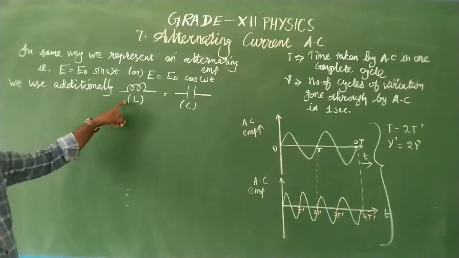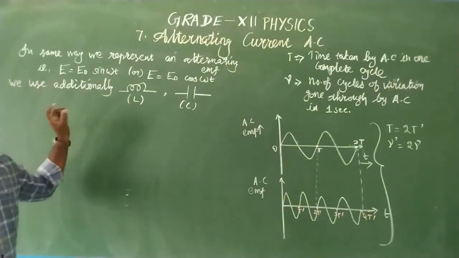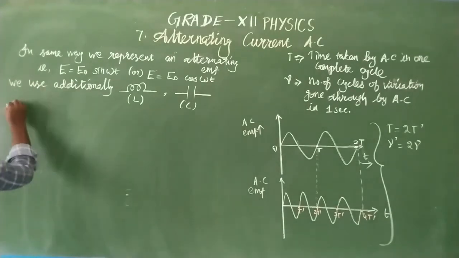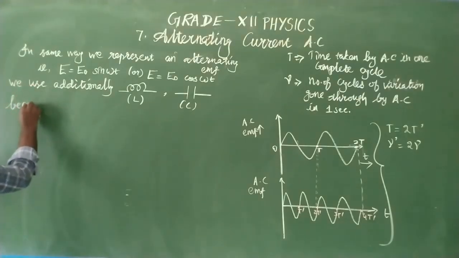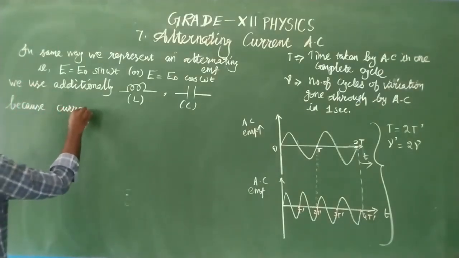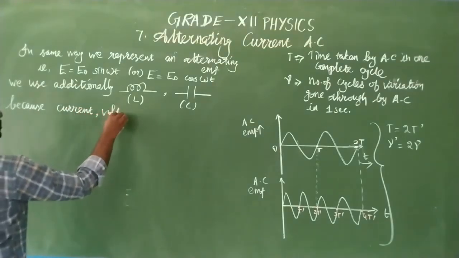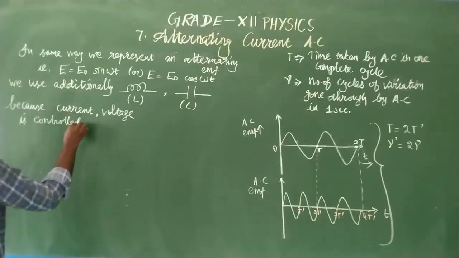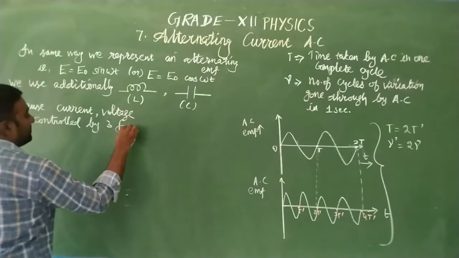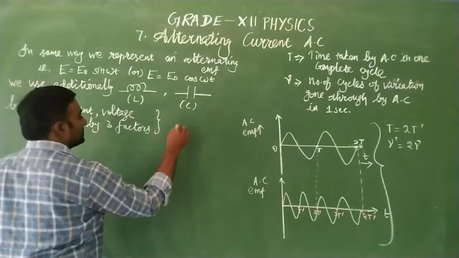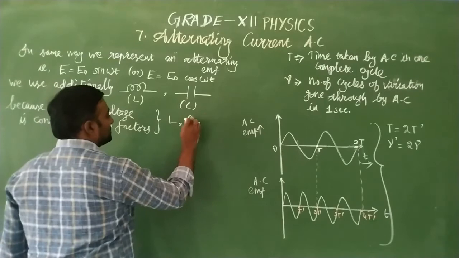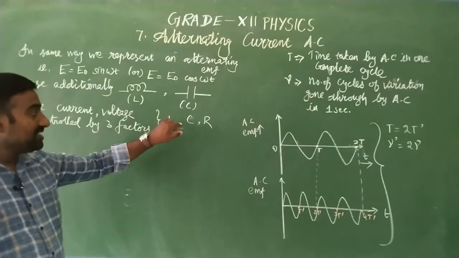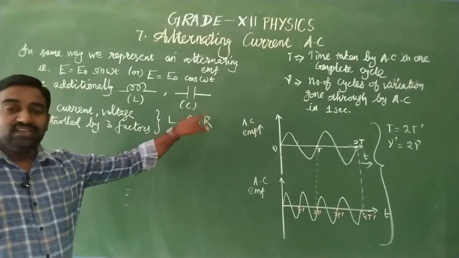Because current and voltage are controlled by three factors. What are those three factors? They are the inductor coil, capacitance, and resistance. So the current and voltage in a circuit are controlled by the inductor coil, capacitance, and resistors.